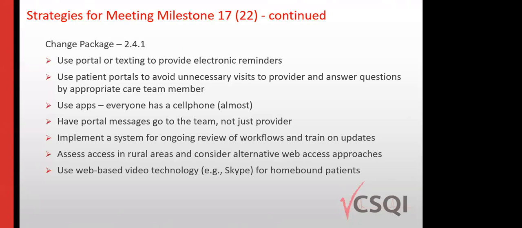Yeah, I would say the essence, and I know we have so many small practices that currently don't have electronic systems, portals, things like that in place. Again, the essence of what this milestone is getting at is giving the patient options and providing at least 2 or 3 ways for the patient to get in touch with the practice and for the practice to communicate with the patient.